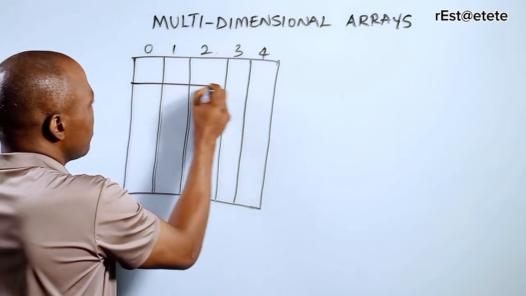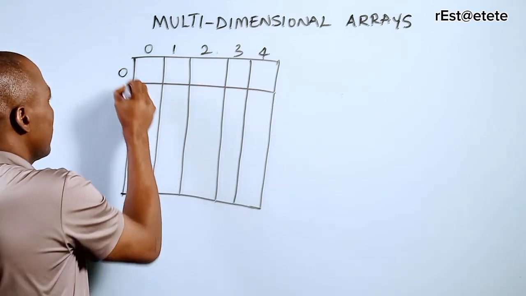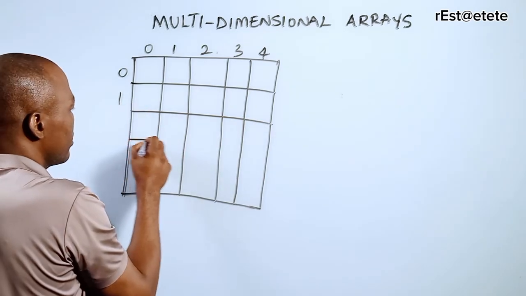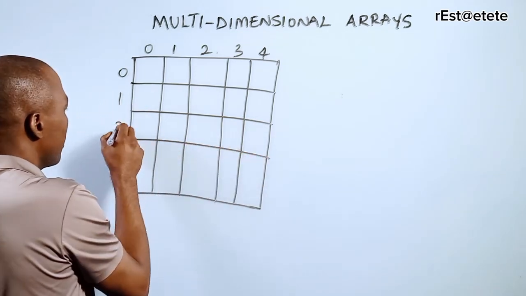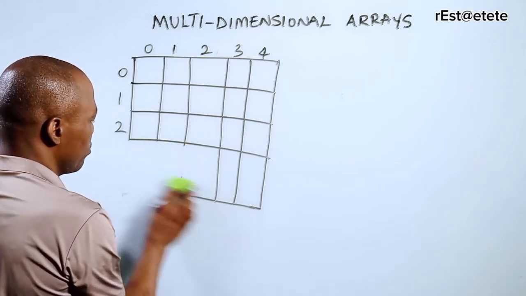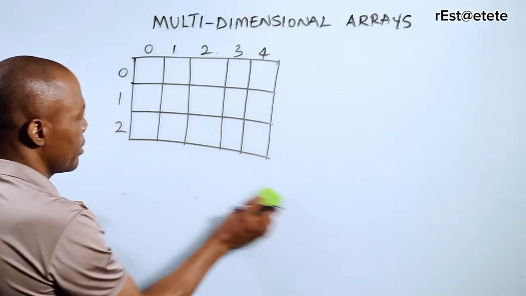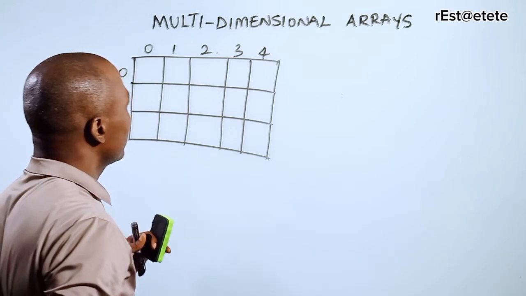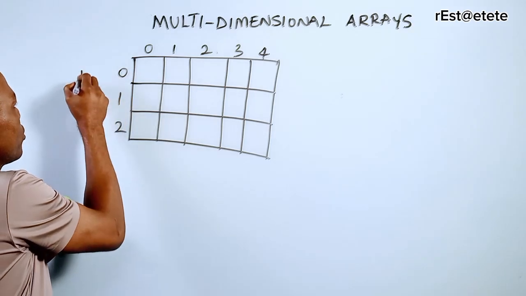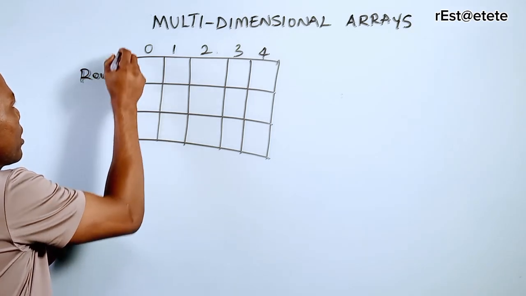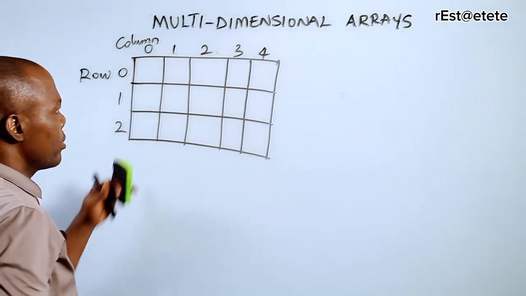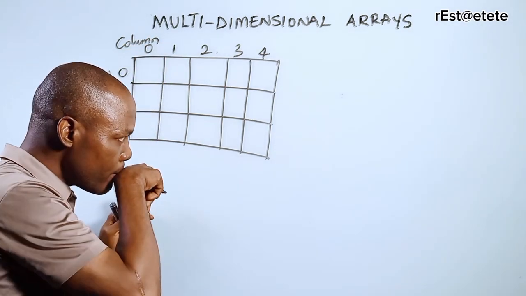Then we have something like this. So 0, 1, 2. I'm just going to stop there. Let's not make it too much. Now, these are the indices. So this is row, and then this is column, right? So this is row and this is column.